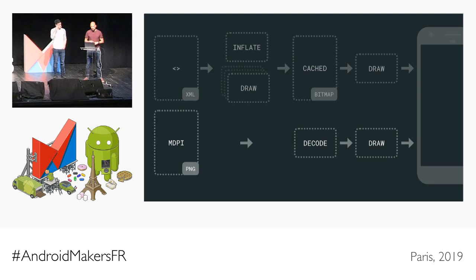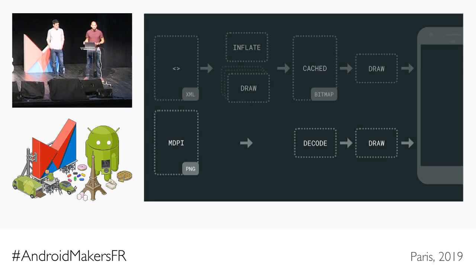So back in the day when Android was young, devices were relatively much less powerful, and there were relatively fewer screen densities out there. And as such, it made sense to support the raster formats, because we didn't want to take that hit of inflating and drawing at runtime, and there weren't many densities to think about. The times have changed.